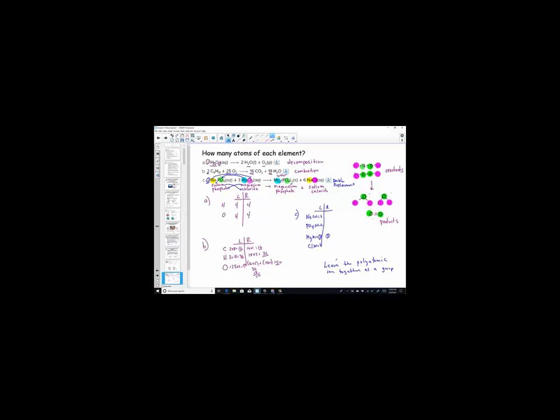I can count 2 groups of PO4, that's balanced. Notice this PO4 is taken twice, so that's 2 units of PO4. The coefficient here is 6 for the Na's, that's balanced. And 6 times 1 is 6 chlorides, and that's also balanced.